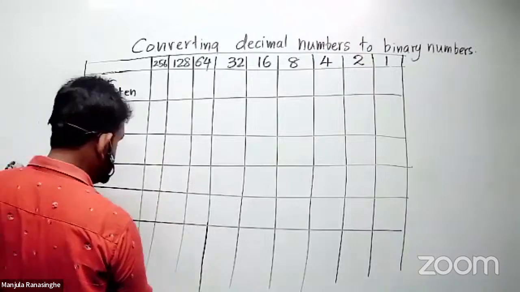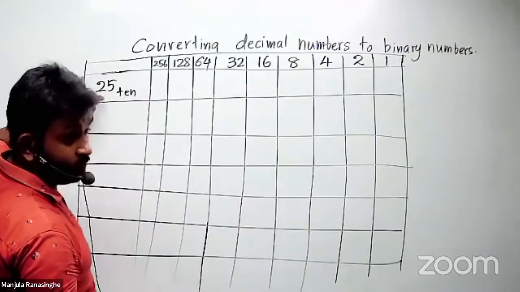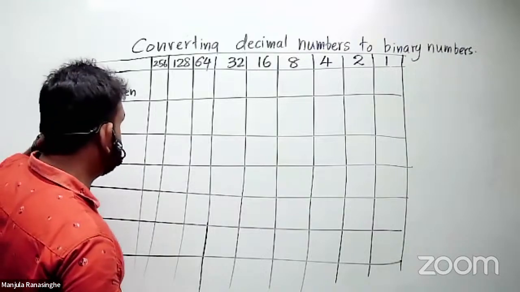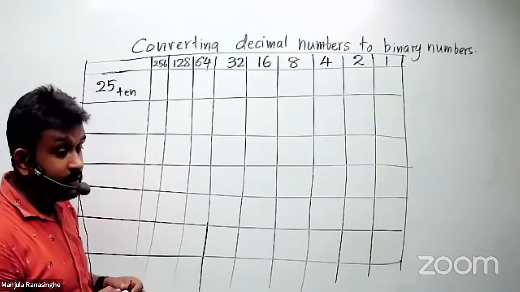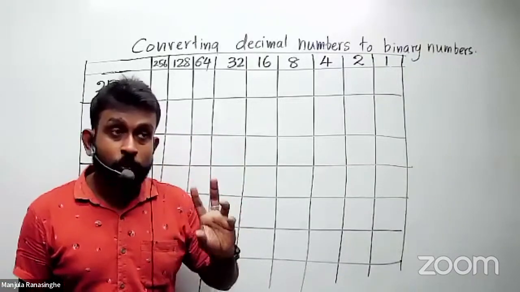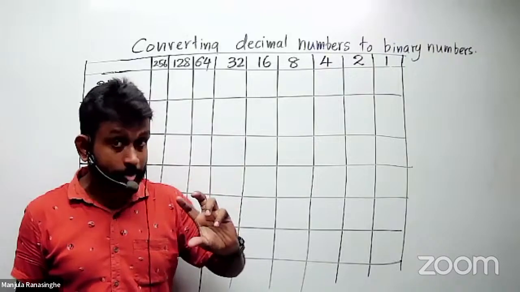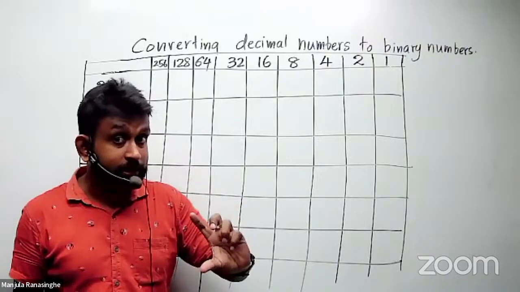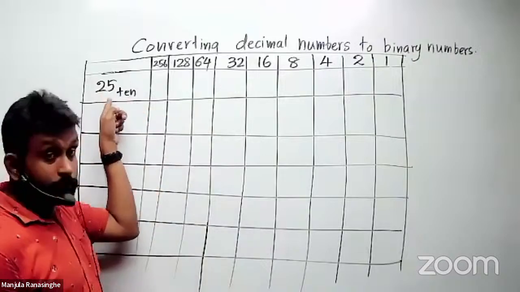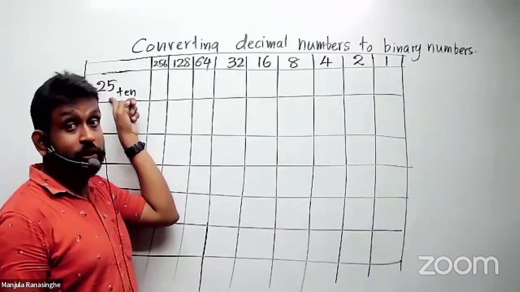So we can extend this table as per the given number, right? 25 in base 10. So 25 is there. Next I take the place value of 2 below 25, very near to 25.